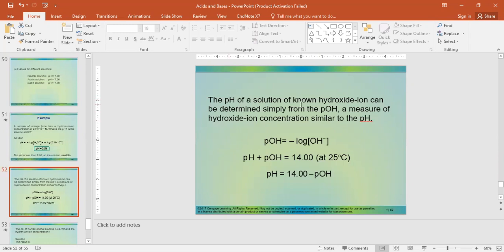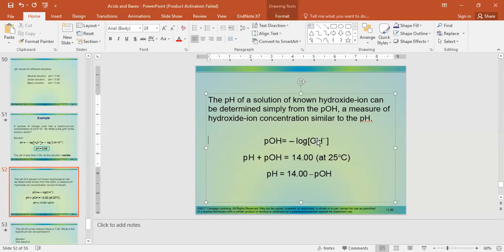The pH of a solution of sodium hydroxide can be determined simply from the pOH. This one I have explained. A measure of the hydroxyl ion concentration is similar to the pH. That's why I said pOH is equal to the negative logarithm of the concentration of OH. Once you get that, you use this relationship: pH is equal to 14 minus pOH.